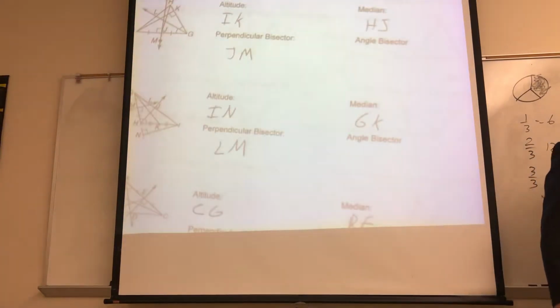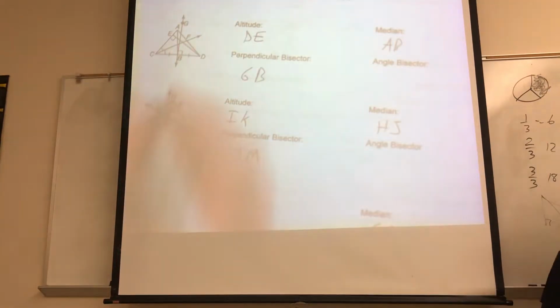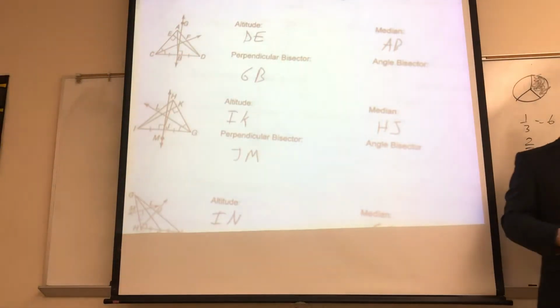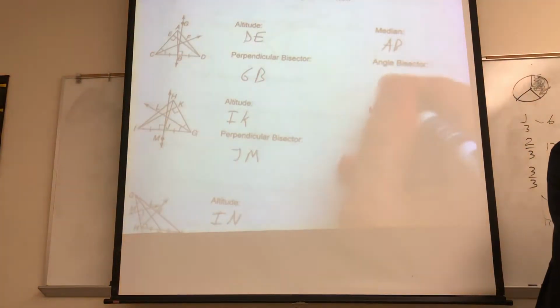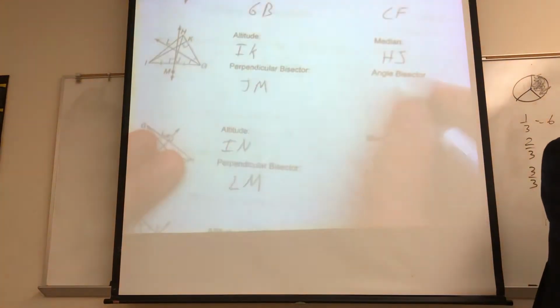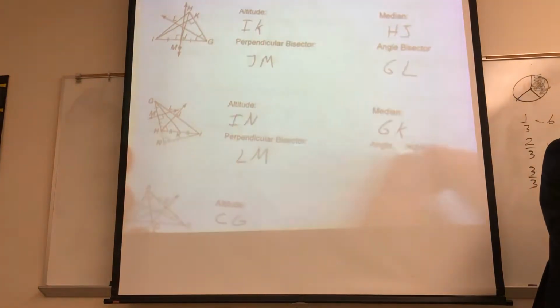And then the angle bisector. With all these other lines, it may be difficult for you to find the angle bisector, so you really just have to look for these little indications that those two angles are going to be the same. So CF is my angle bisector on the very first one. After that, GL. After that, we're looking at HJ.